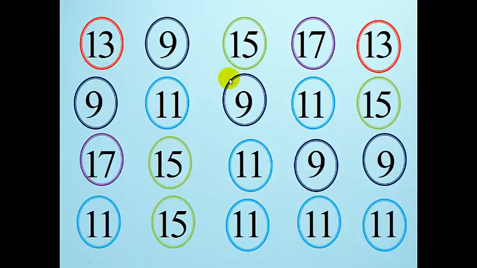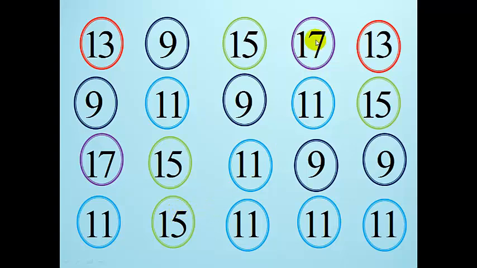Now this is the data we are given. So we have 13, that is the ages. We have 13, 9, 15, 17, 11. Now 13, we have 1, 2. Age 9, we have 1, 2, 3, 4, 5. Age 15, we have 1, 2, 3, 4.